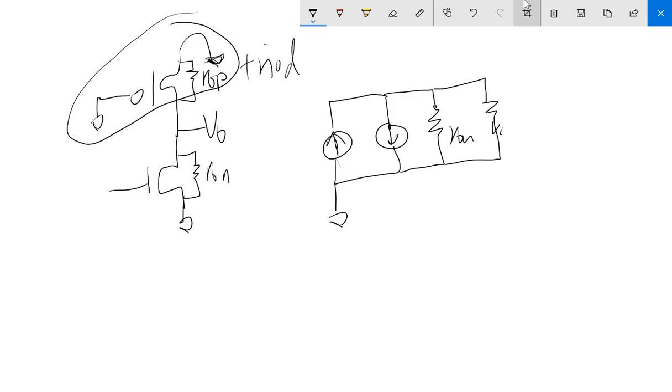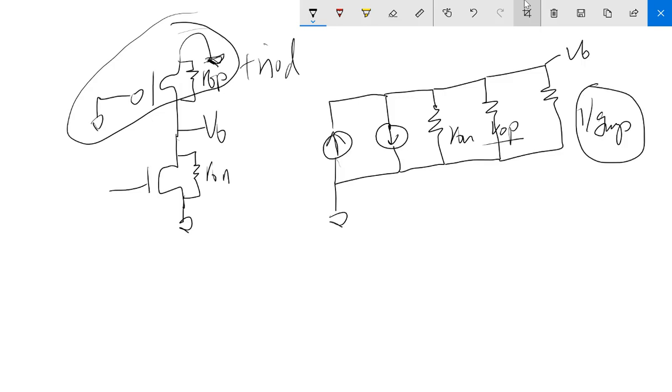RON, ROP, and also there is a 1 over gmP, which is because this guy is in the triode region. So here's Vo. Those resistors are in parallel, right? And this is way smaller than all these ones. So that's why these ones are actually not working at all. So this will dominate the overall resistance.